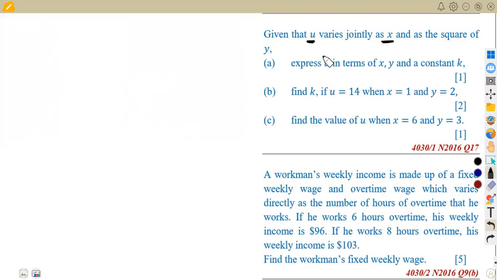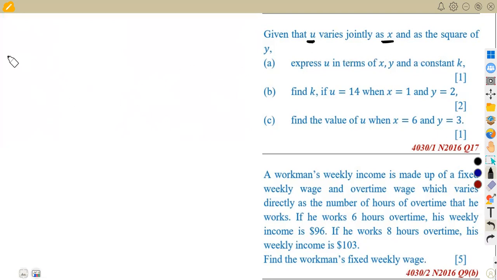We are not even told about being inverse, so it's taken as direct. When we are just given this varies jointly as this, we are just connecting them in a direct manner.